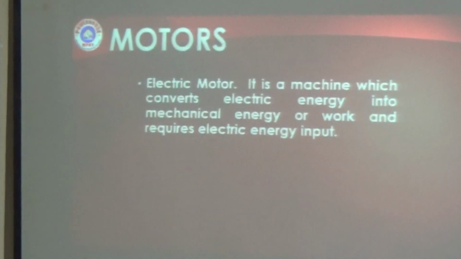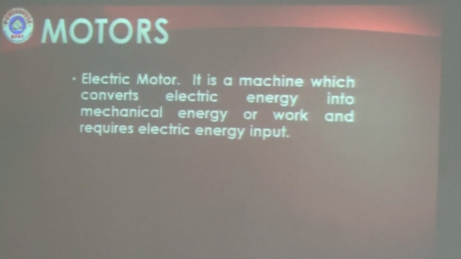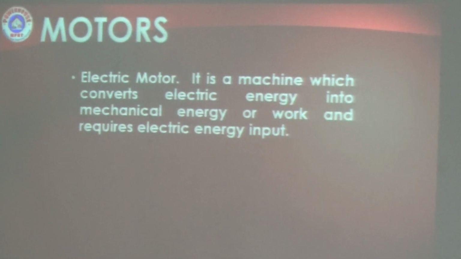So motors, or the electric motor, is a machine which converts electric energy into mechanical energy. So baliktad siya ni generator. Kung si generator, mechanical energy to electrical. Electric motor is from electrical energy to mechanical.